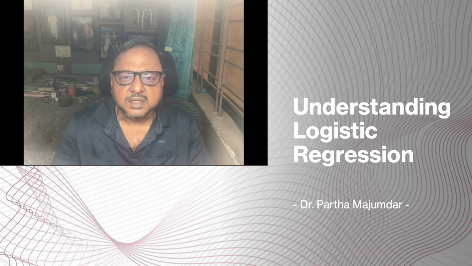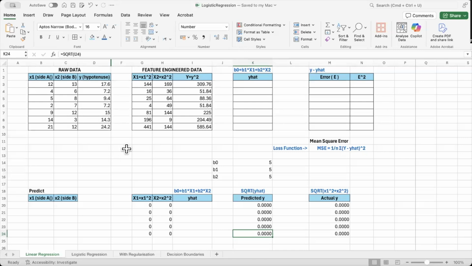So let's get started. Before discussing logistic regression, let us discuss linear regression briefly. We will require many of the concepts here to understand logistic regression. Now take an example where we have the sides of a right angle triangle and also we have the values of the hypotenuse.